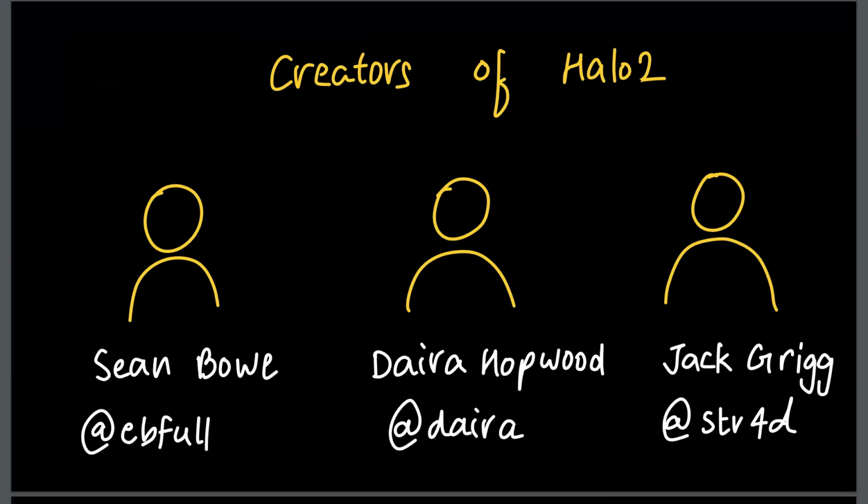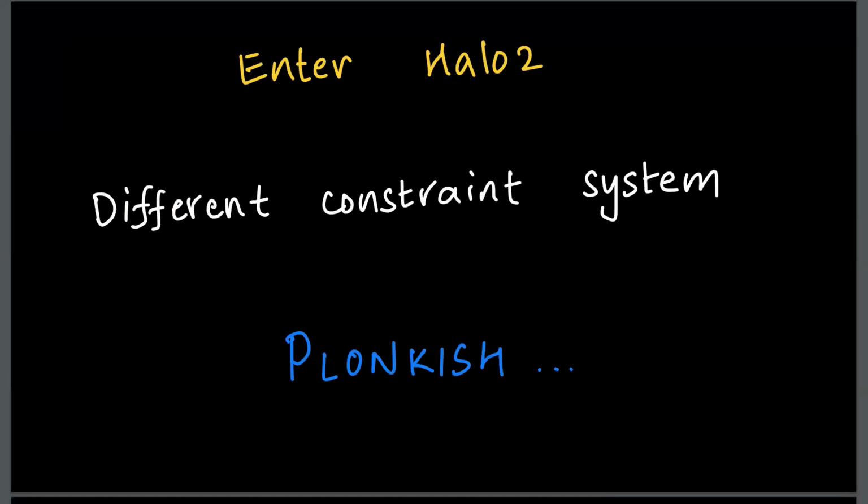So they created Halo2. It's Sean Bowe, Daira Hopwood, and Jack Grigg who created Halo2 to facilitate shielded transactions in Zcash. And it used a different constraint system called plonkish arithmetization.